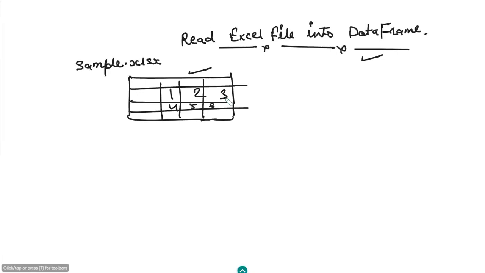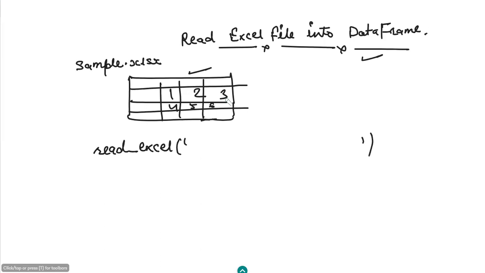We have a syntax, read CSV or read Excel. We will call only the method read Excel, in which we will pass a path of that file.